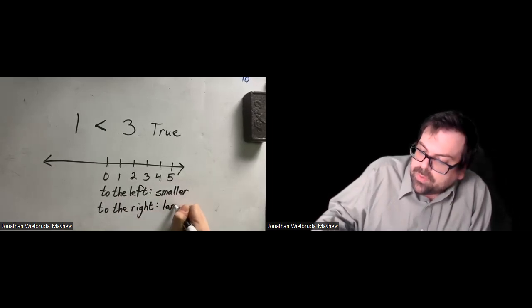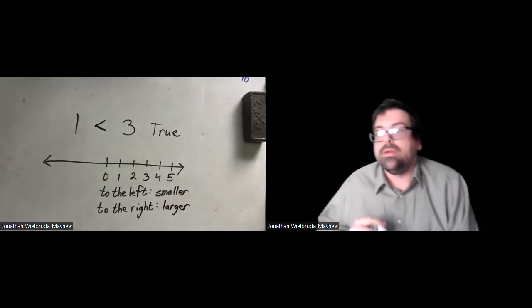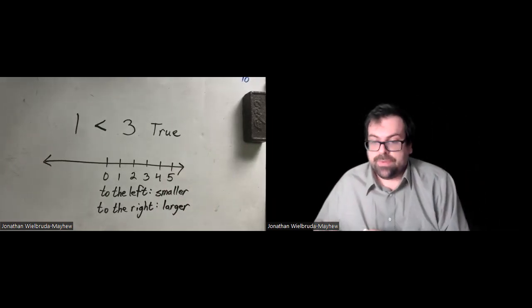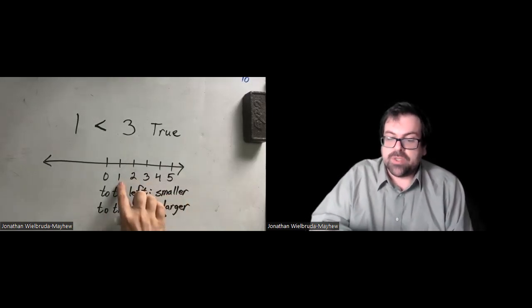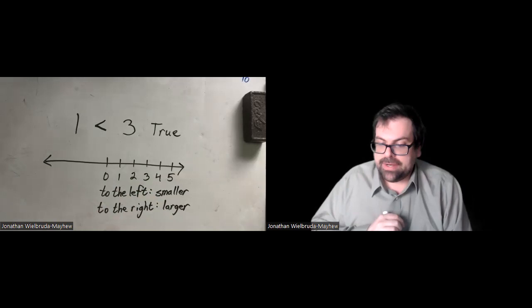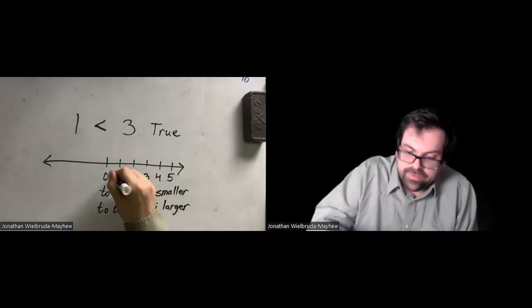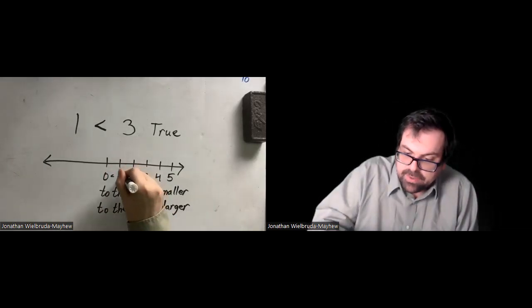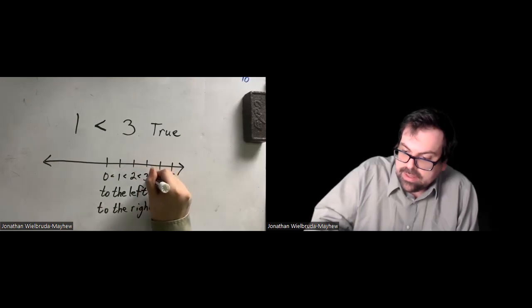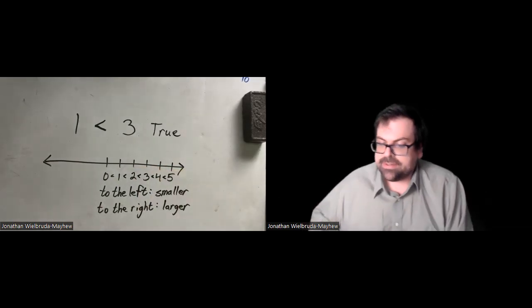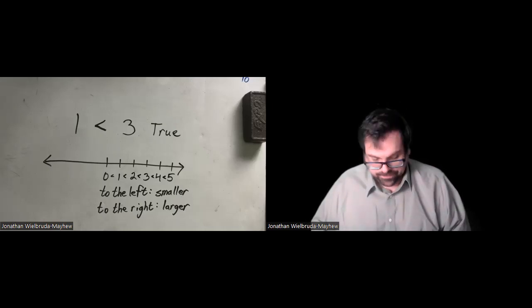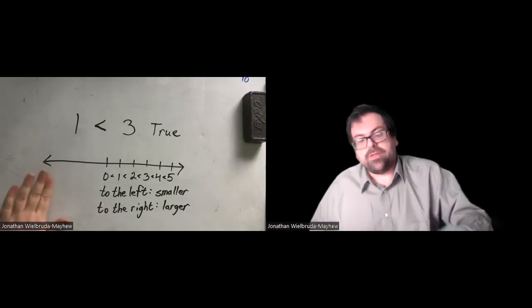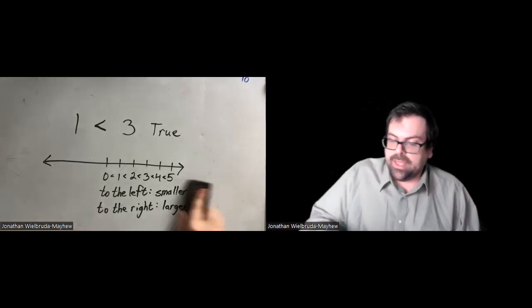If a number is to the right, it's larger. 1 is to the left of 3, so 1 is less than 3. You can think of every bit of this number line having less than signs between the numbers. We'll look at the other side of the number line in a little bit.